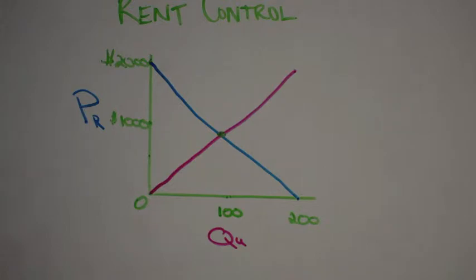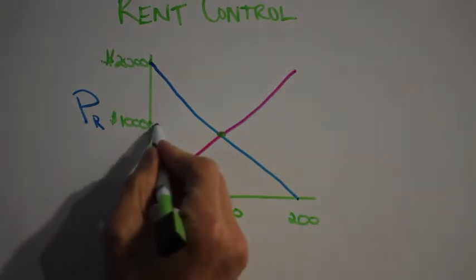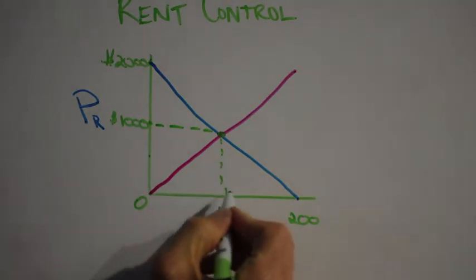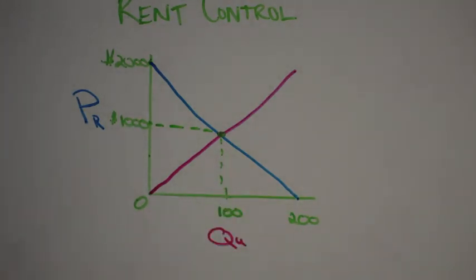So that is going to be the going rate for rent. And that going rate for rent is saying that price for rent is $1,000, and at that $1,000 there's going to be 100 units demanded. So that's a competitive free marketplace.